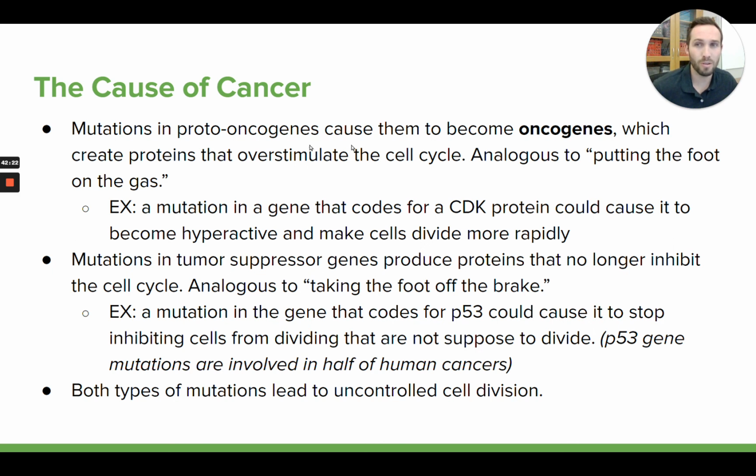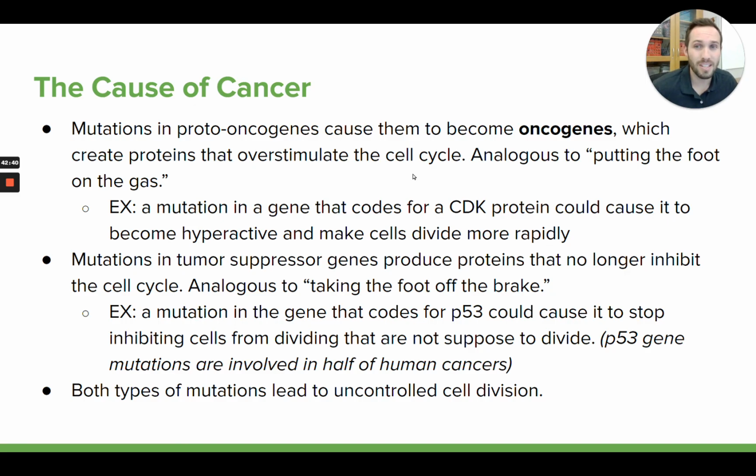Oncogenes are bad proto-oncogenes. These are proto-oncogenes that now have mutations that are overstimulating the cell cycle. So these proteins are like proteins that are too good at their job.